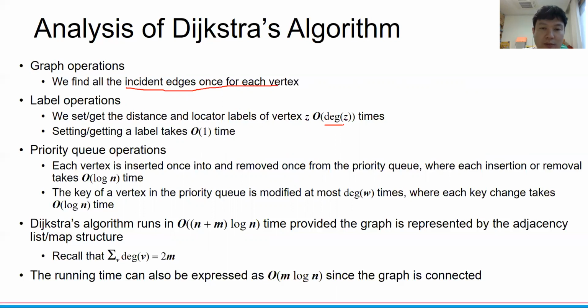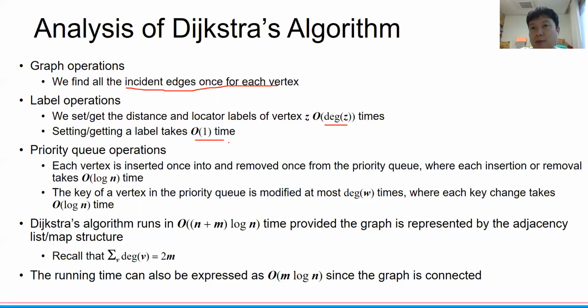The time complexity is O of degree of Z, so it depends on the number of nodes adjacent to the particular vertex. And for setting or getting a label, it takes only O(1), because we just get one label, or one vertex. We can use the priority queue.